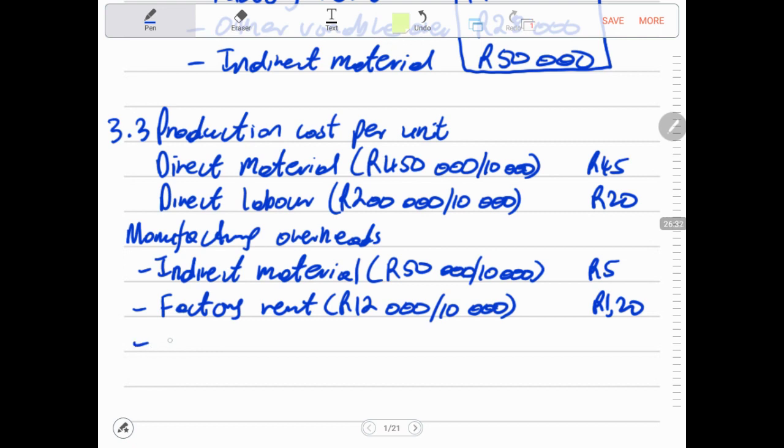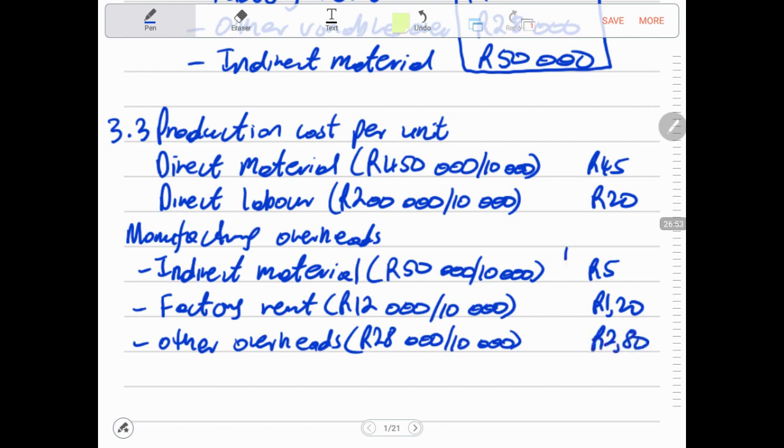Then the last one, we said it was other overheads, which amounted to 28,000, and 28,000 was divided by 10,000 units, and that gave us 2 rand 80 cents. So now our total manufacturing overheads, if I still remember, they gave us an amount of 9 rand.